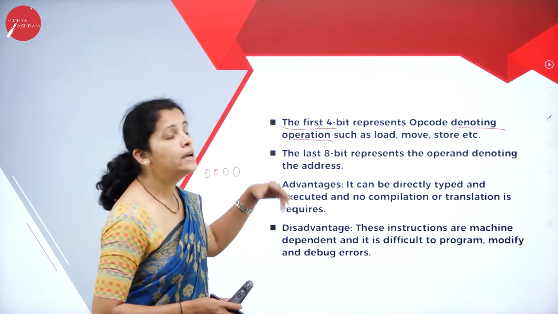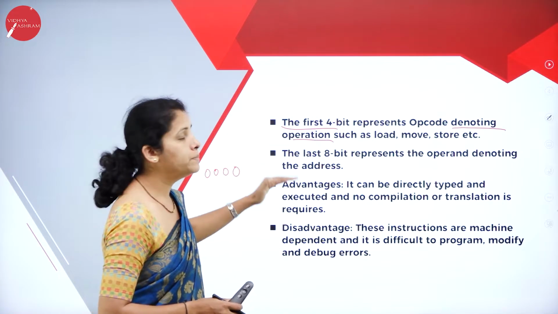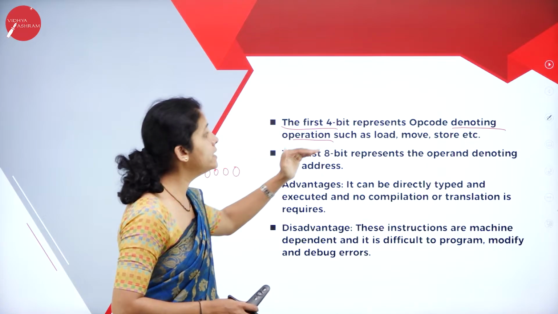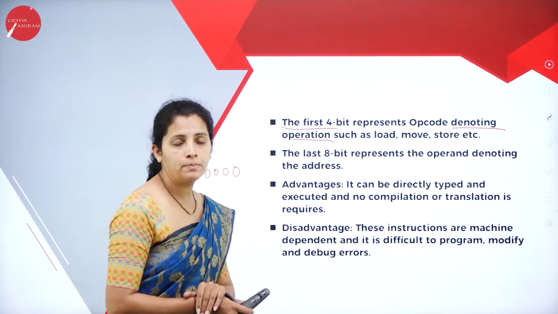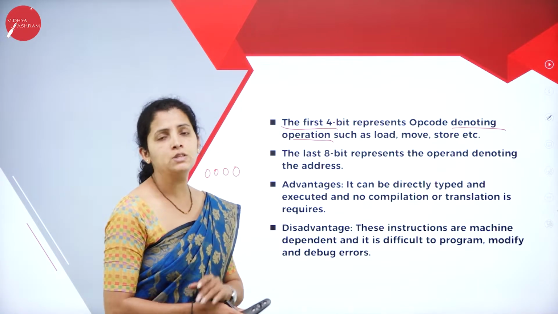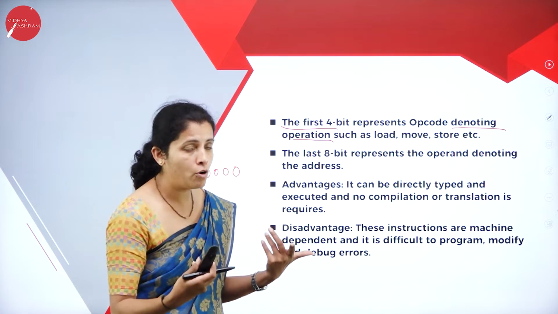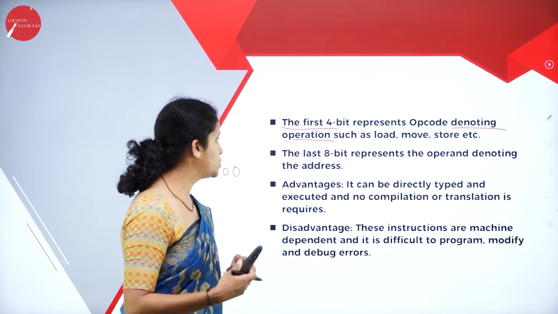For example, that may be load the program, or move the content to the memory, or store the content. So opcode is nothing but operation code, that is, what kind of operation the computer wants to perform, either load or move or store.